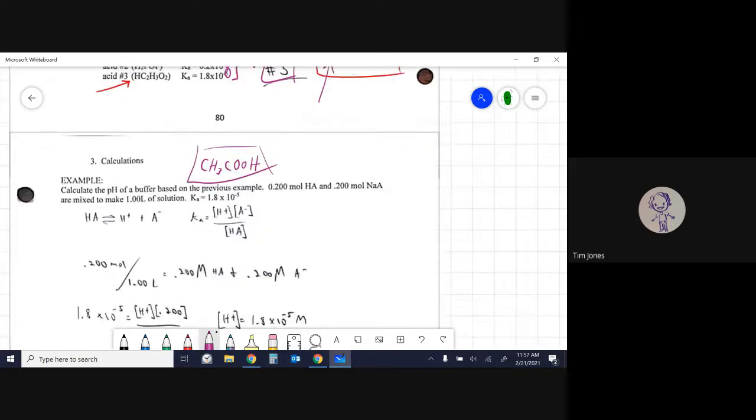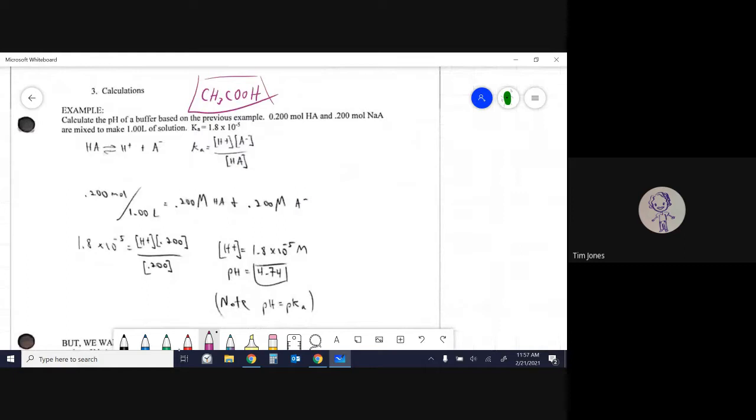Rather than writing that over and over again, I'm just going to call it HA and NaA. Again, the reason I have to put that sodium is because I can find a bottle of sodium acetate and I can find a bottle of acetic acid, but what I can't find is a bottle of just acetate ion. It doesn't exist by itself. So that's why the sodium's there. And other than having to factor in molar mass when you're doing grams, you can just ignore it.